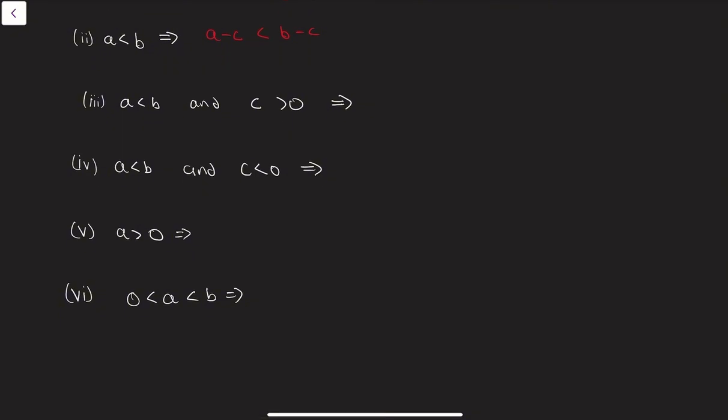In this case, we have A is less than B and C is greater than 0. This shows that AC is less than BC. In the case that A is less than B and C is less than 0, we see that AC is now greater than BC.